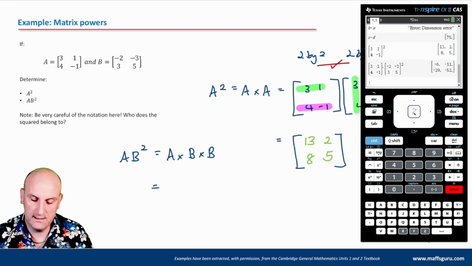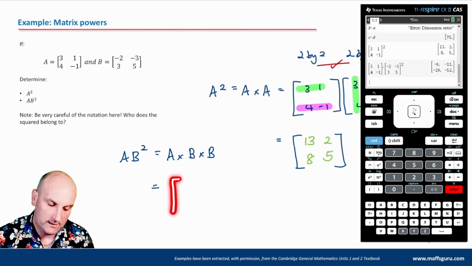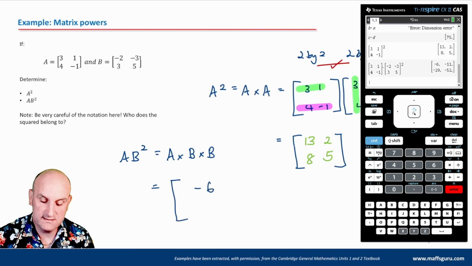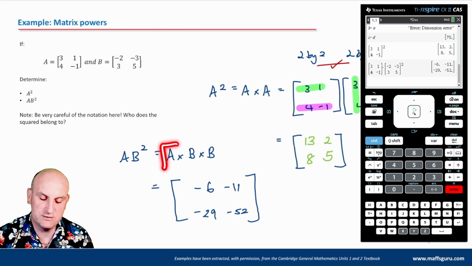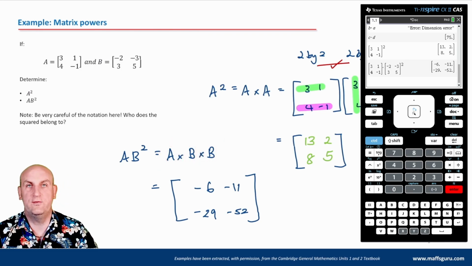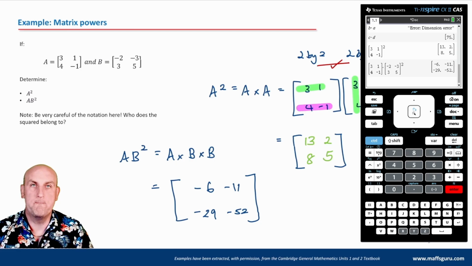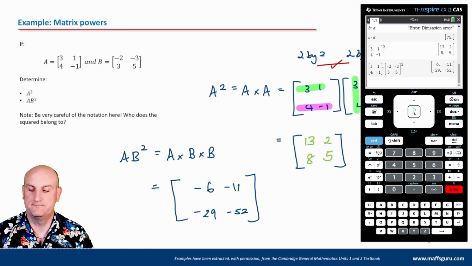And that would give me, whew, he says writing in highlighter, what would they give me? -6, -11, -29, and -52. Now again, in that situation, it's important to note that that is a 2 by 2, that is a 2 by 2, and that is a 2 by 2. They are all absolutely multiplicable together.